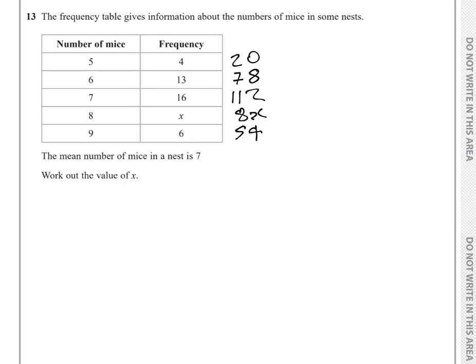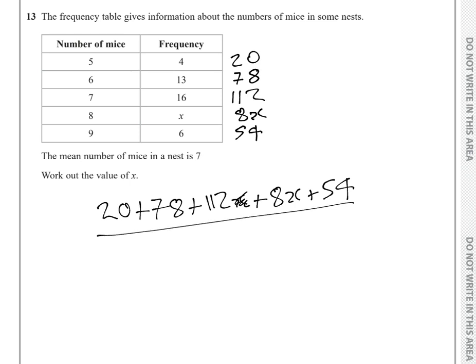And we know that 20 plus 78 plus 12x plus 112 plus 8x plus 54 divided by how many there are. Well, there's 4 plus 13 plus 16 plus x plus 6, which is 39 plus x, and that's got to equal 7.